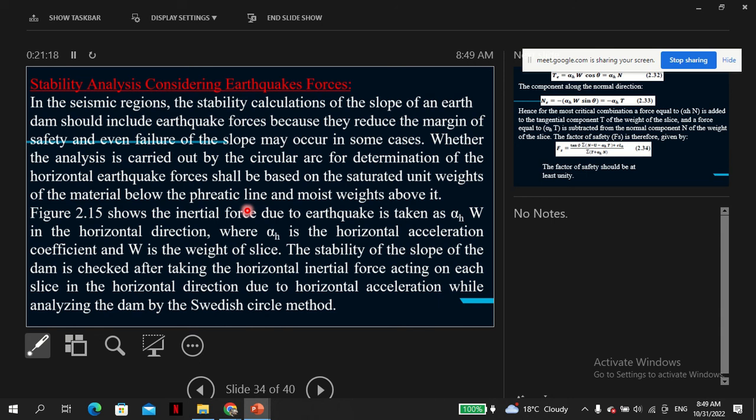So nothing strange about that. So alpha h times w in the horizontal direction, where alpha h is the horizontal acceleration coefficient, and w is the weight of the slice. So that's all. The stability of the slope of the dam is checked after taking horizontal inertial force acting on the slice in horizontal direction due to horizontal acceleration while analyzing the dam by the Swedish slip circle method.